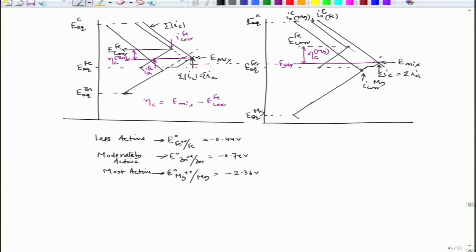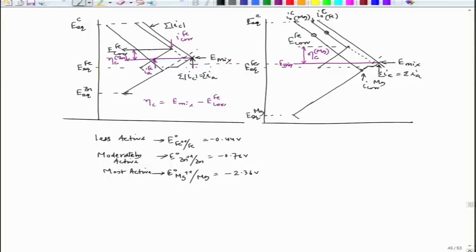Let me complete this. So, this is my individual cathodic reduction. This particular line is I C of cathodic reduction over iron, and this particular line is I C of cathodic reaction on the magnesium surface.